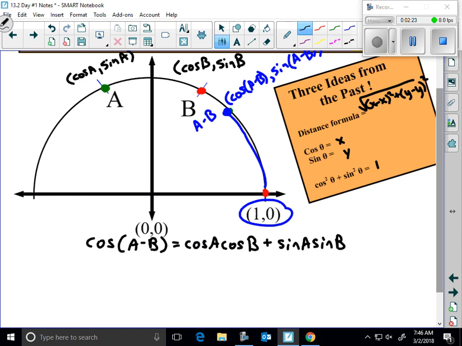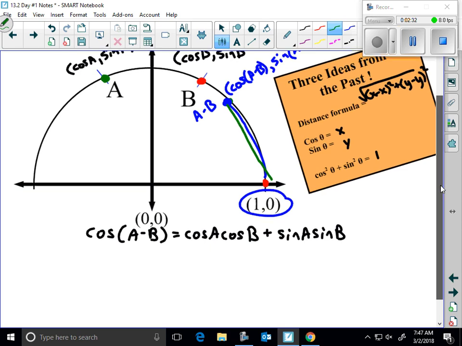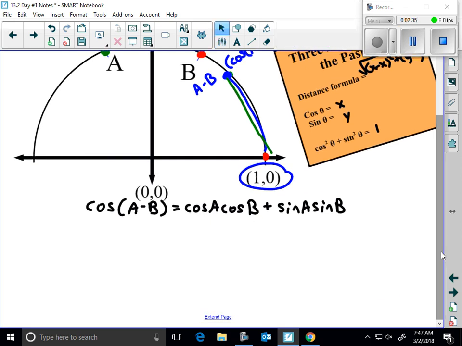So let's get started. I'm going to find the straight line distance here between A minus B and the point 1, 0. I'm going to do that first.